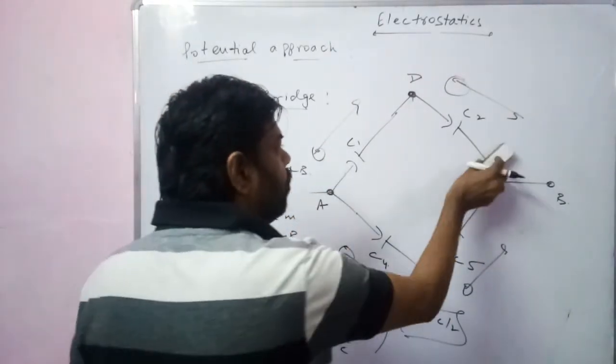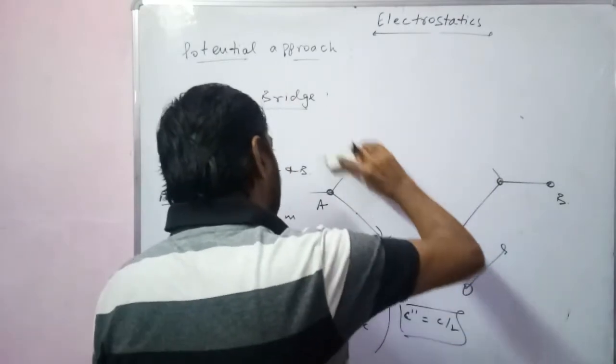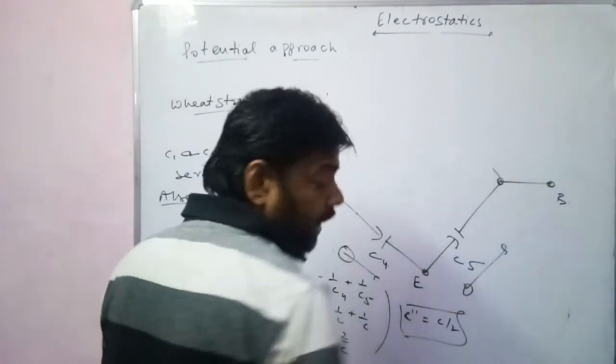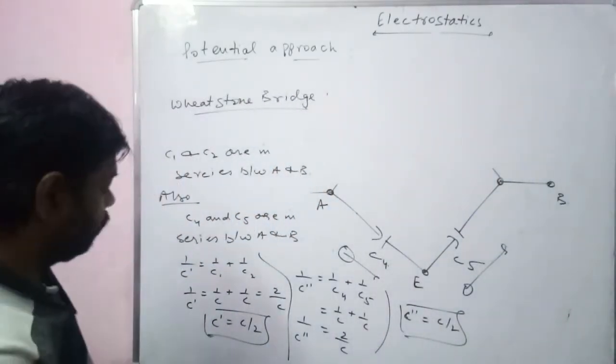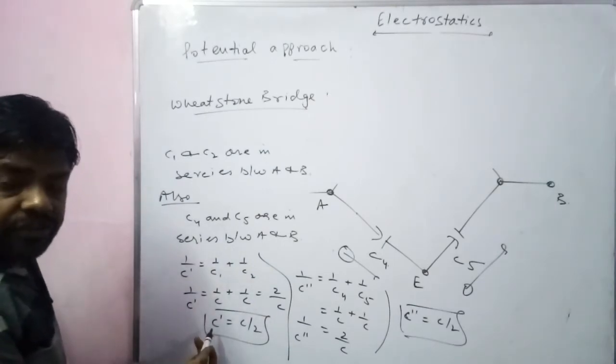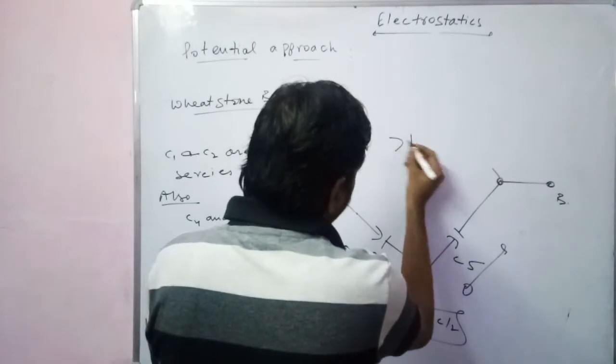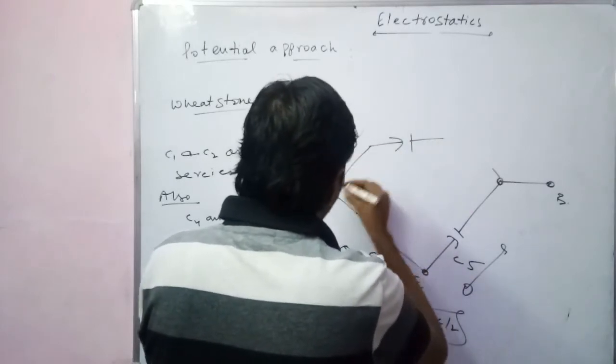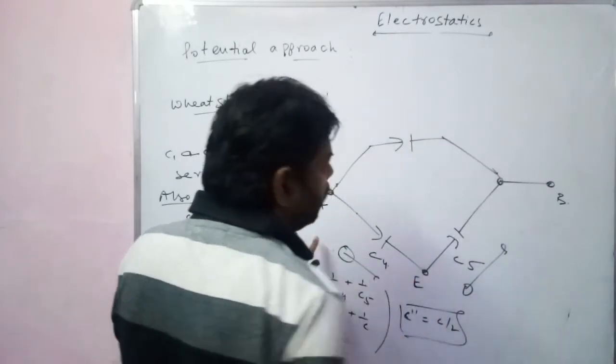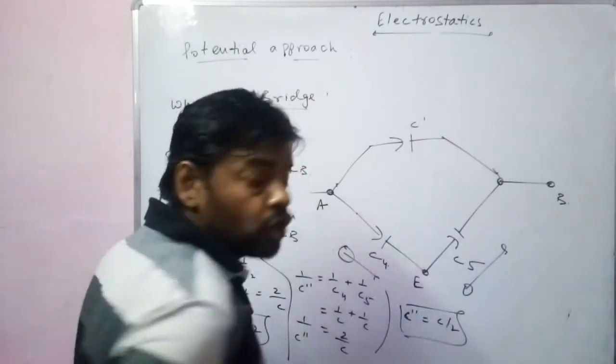Now how are we going to reduce the circuit? When we are removing C1 and C2 from the parent circuit, we have to connect a capacitor whose capacitance is C dash between A and B. This way. It is a C dash.